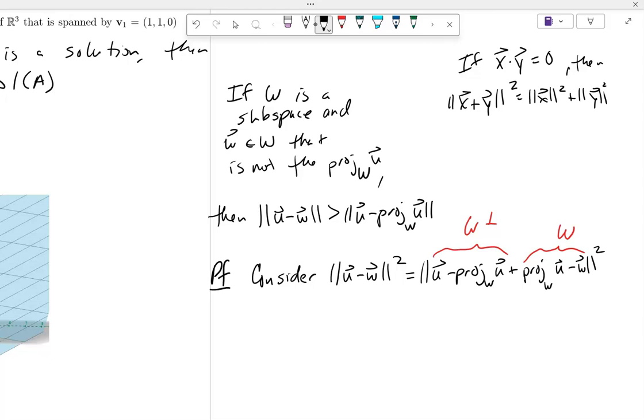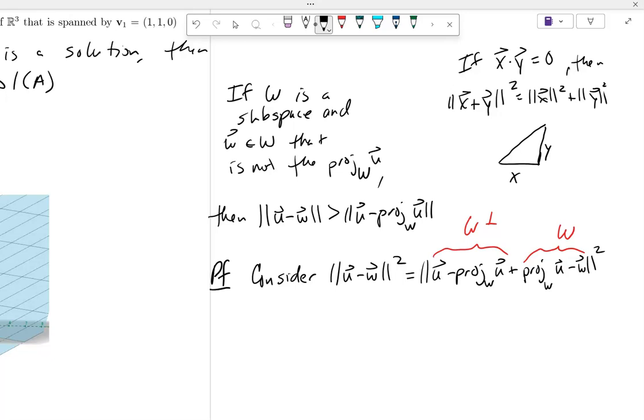It's a result of the Pythagorean theorem. Think about why it's a Pythagorean theorem. If X and Y are orthogonal, then X plus Y goes between them like this, doesn't it? It looks like a Pythagorean theorem, doesn't it?